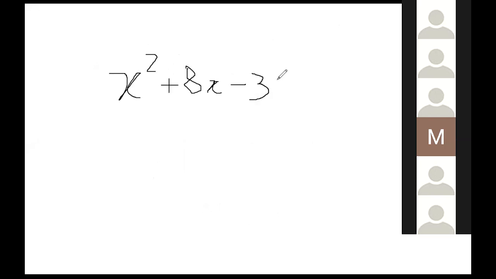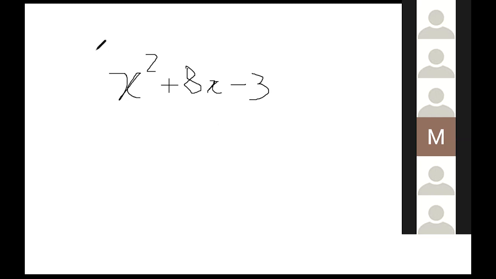If you try to find the factors of this, it will be really hard because 3 is a prime number, 1 and 3, and 3 is far away from 8. 1 plus 3 is 4, so we cannot find the factors. So we can complete the square.